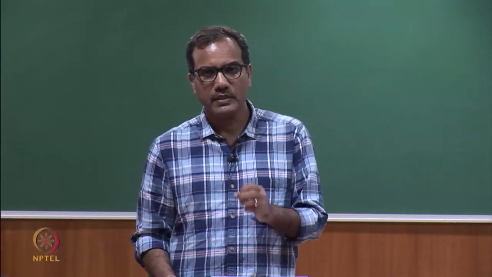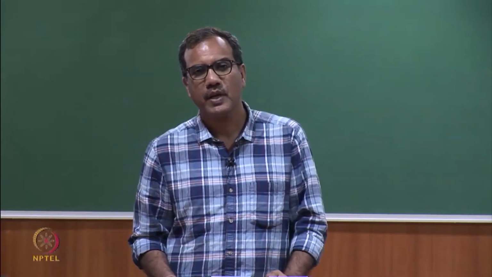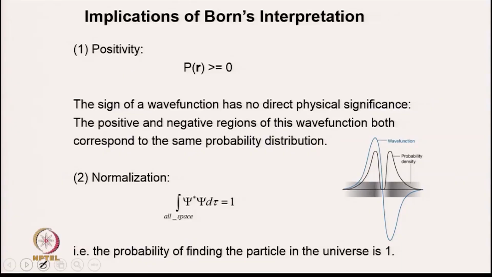So, there are a few things which are needed. Your PR must be greater than or equal to 0. Here the sign of the wave function has no direct physical significance. The positive and negative regions of the wave function both correspond to the same probability distribution.